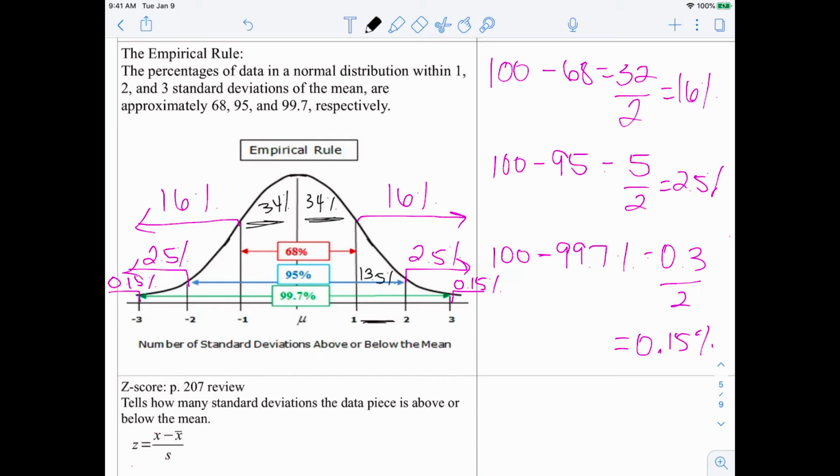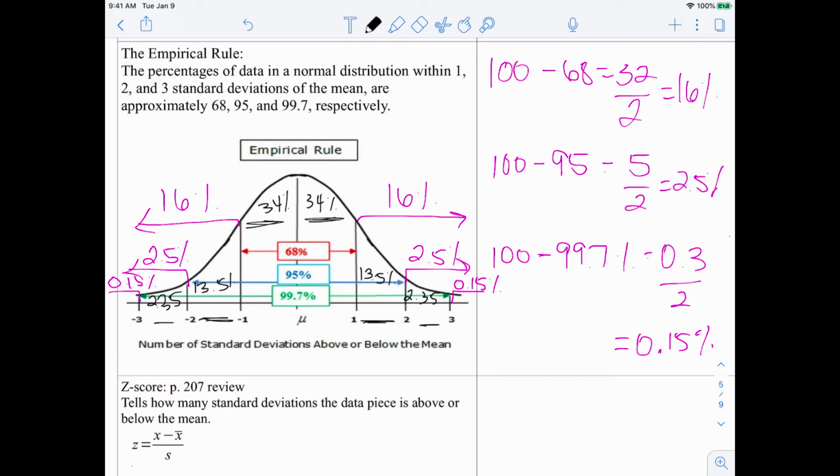And because it's in the middle, this area and this area are equal, so this is also 13.5%. I can do the same thing to find in between 2 and 3 standard deviations. I can take 2.5 and subtract 0.15, and we end up with 2.35 on both sides because it's even on both sides. So in both cases, there's 2.35% in between 2 and 3 standard deviations.